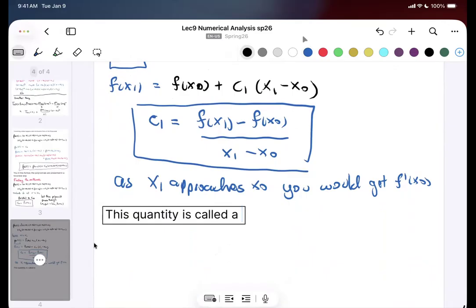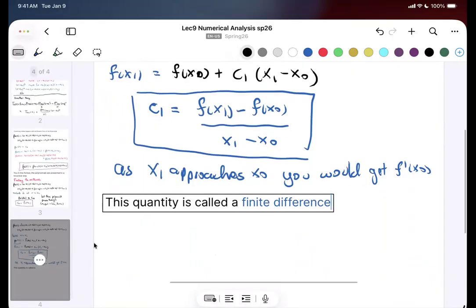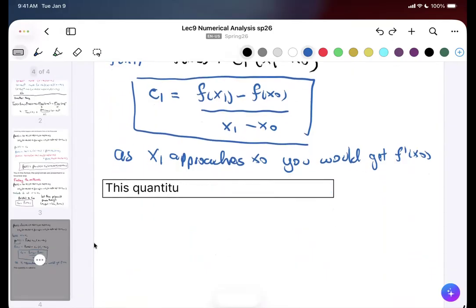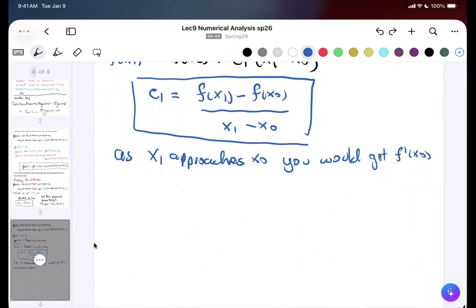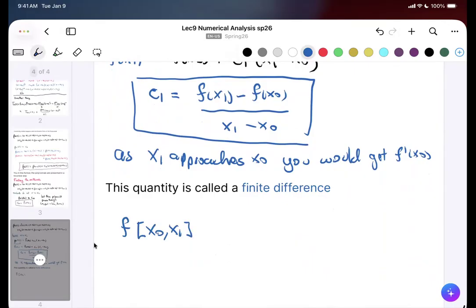And there's a specific notation for it. The notation for a finite difference is f of x in square brackets. You write f of x0, x1 in square brackets, and that is the same as that quantity.